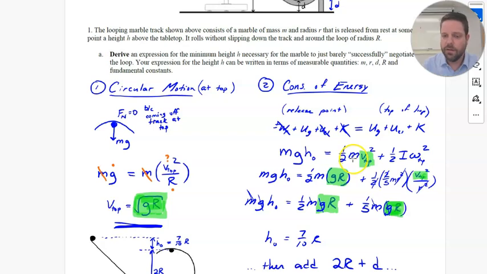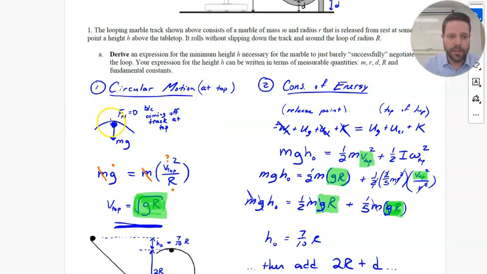I'm going to run into an issue here because I don't know the velocity at the top, and I don't know then omega at the top. So that elicits a secondary problem that I need to do, like a side problem. Since this is an object moving in a circle, I'm going to do circular motion at the moment that it's at the top, letting Fn equal 0 to create that condition where it's starting to come off the track.